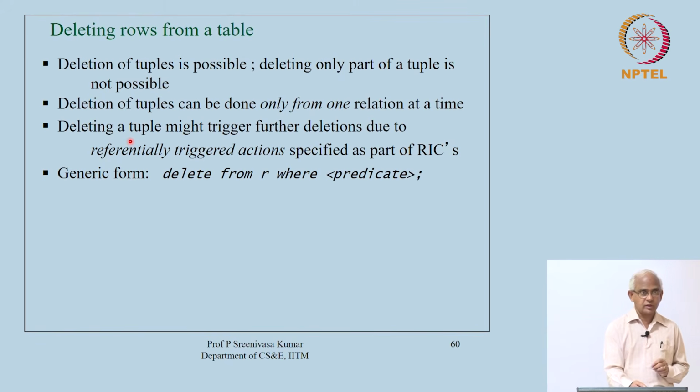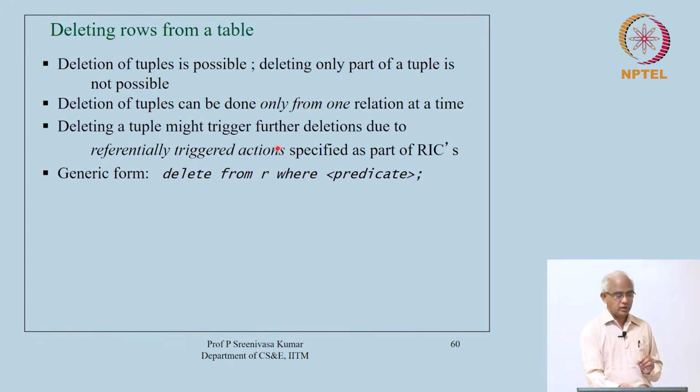Notice one thing: while you are deleting rows, it might trigger referential integrity constraint violations, it might trigger some actions. Because a tuple in one relation may be referred to from a tuple in another relation, and there might be referentially triggered actions defined in that case, in which case the deletion might cascade and all that. So, one has to be aware of those issues when you are doing deletions.